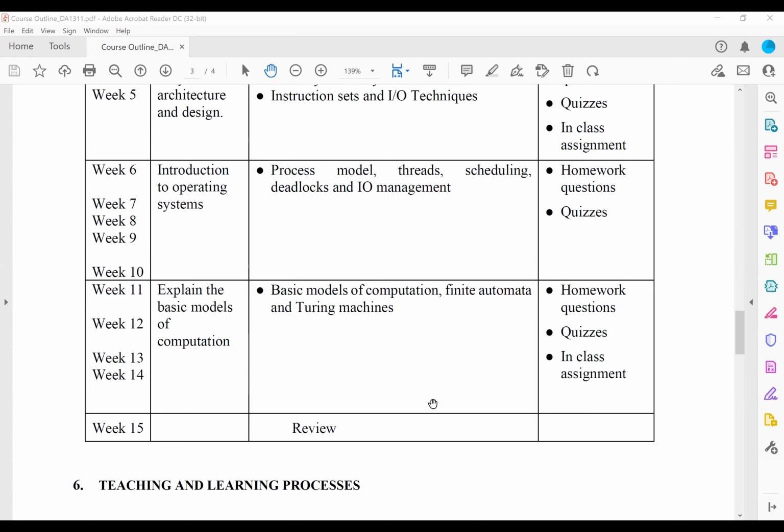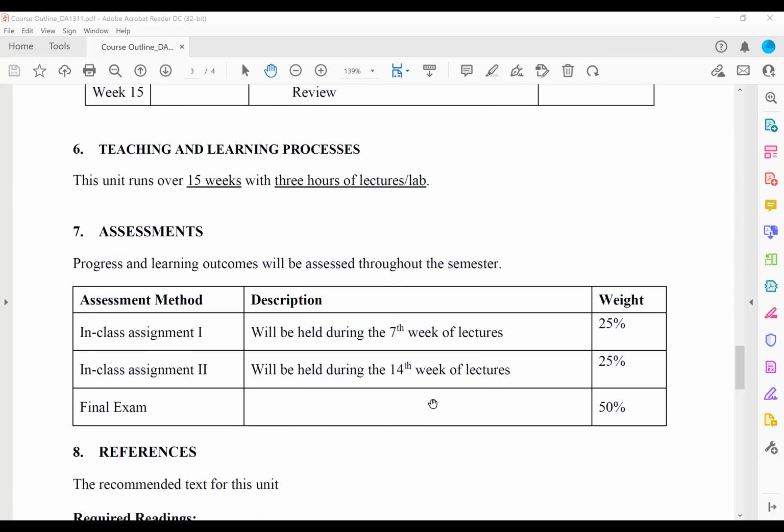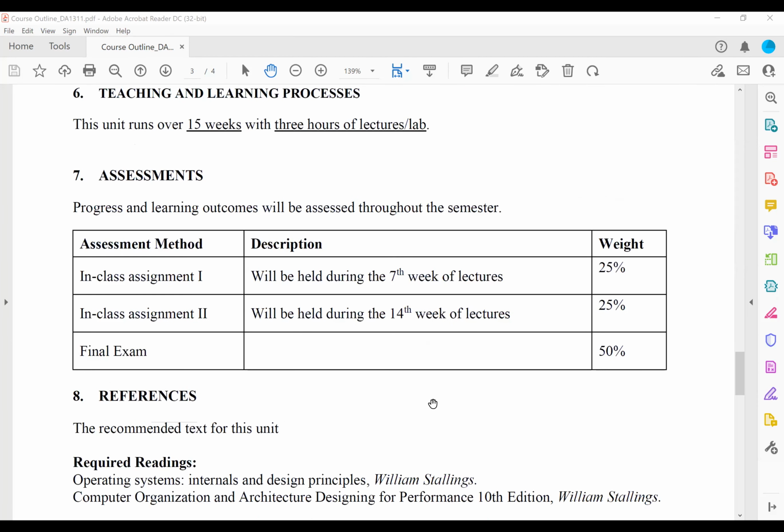And remember that for this class you will have two in-class exams. From each in-class exam, 25% will be added to your final grade.